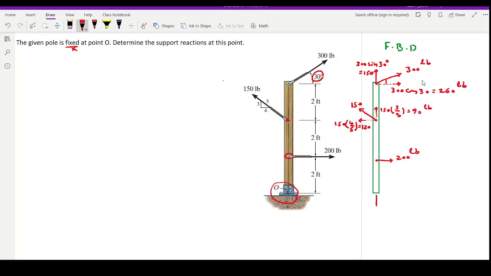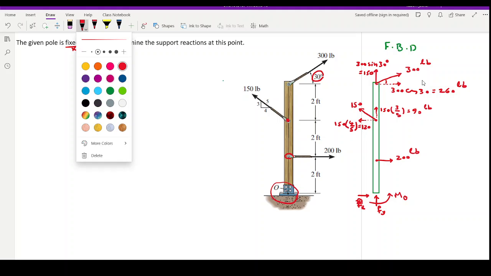The first force is Fy, the second force is Fx, and I have 1 moment, which I use O to show. So I have Fx, Fy, and Mo. Now I can go and write equations of equilibrium and find these forces one by one.